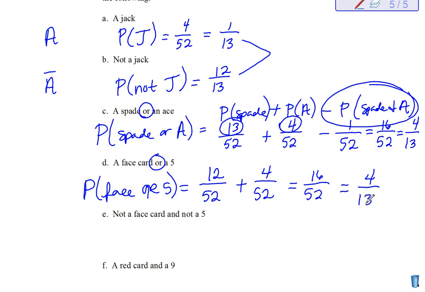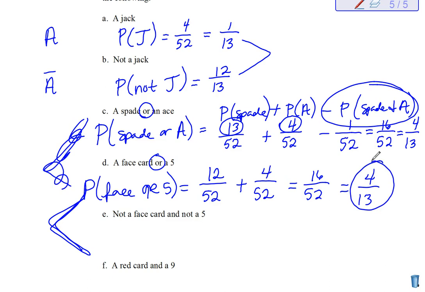On part E, I want not a face and not a 5. Well, I see again this complement. Not that, I see here the complement right here between these two. If Part D is the probability that you do get a 5 or a face card, and E wants the probability that you do not get that, I immediately know that this answer and Part E's answer have to add up to 1.